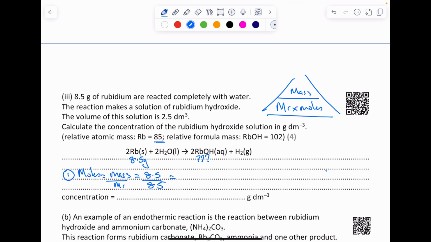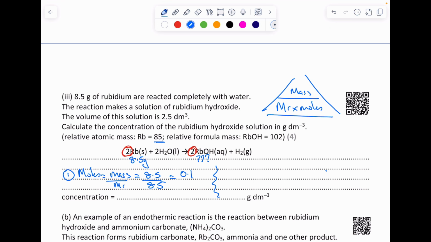So when you do that on your calculator, I'm just going to do it on mine. 8.5 divided by 85 is 0.1. So I now know I've got 0.1. The next thing to just check is the ratio. So I've got 2 moles of this, and I've got 2 moles of rubidium hydroxide.